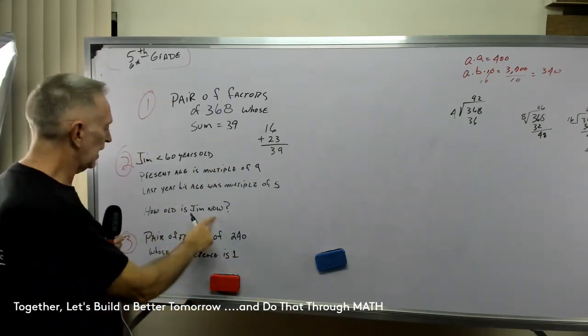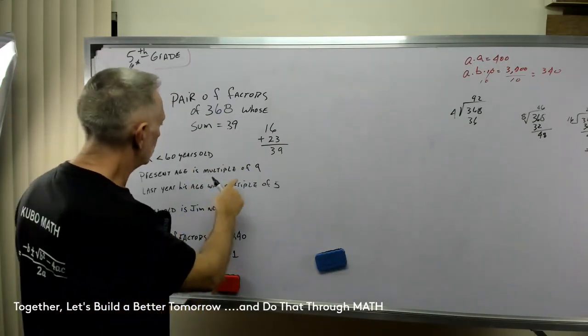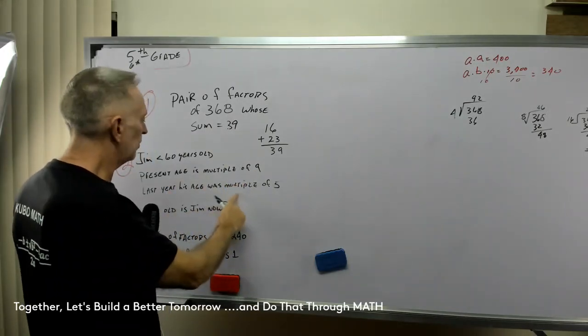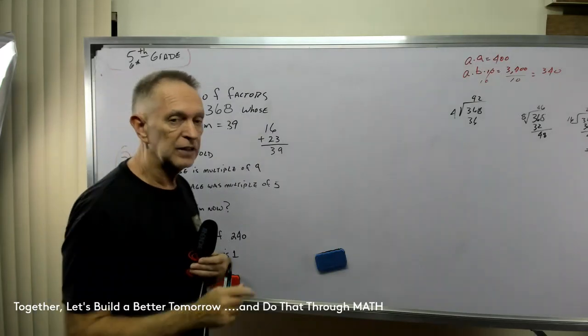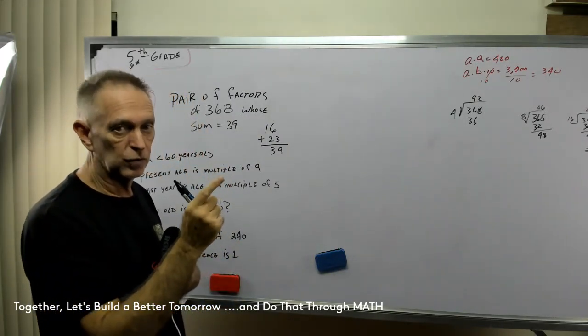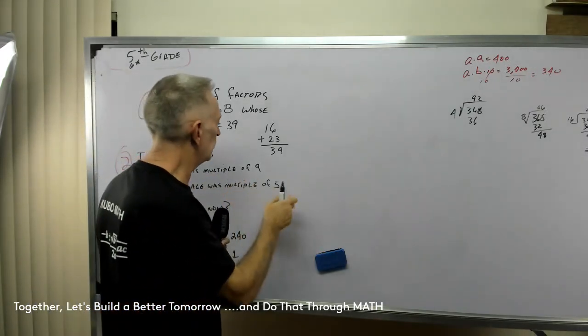So they're asking, how old is Jim now? Let's write the multiples of 9 and the multiples of 5 and see when there's a 1 year difference between the two.